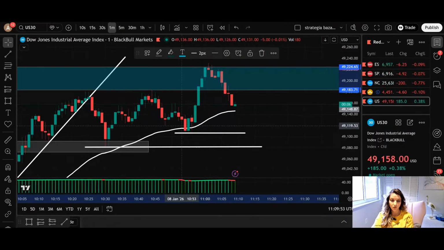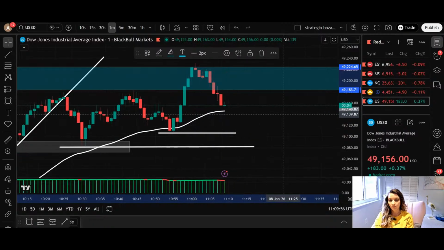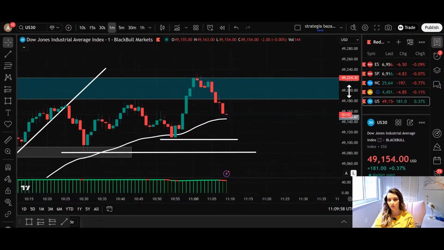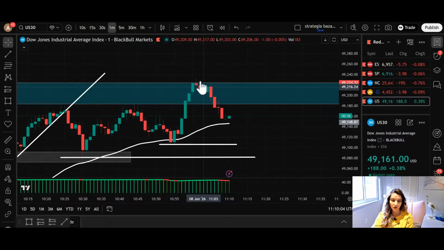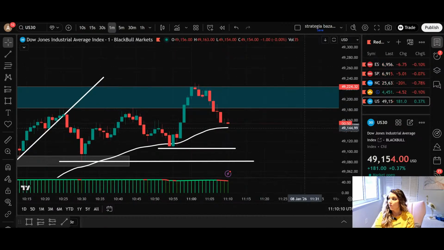Okay, so just below this. That's not bad. It's a good stop loss. But for me to go long here, I need to break this blue area. I really need that, and retest it. If not, I'm looking for a sale.